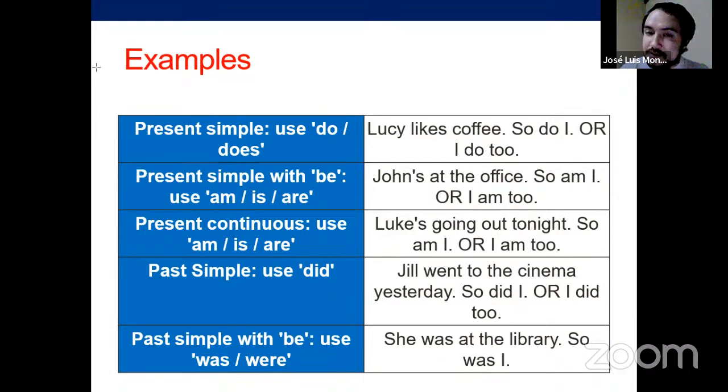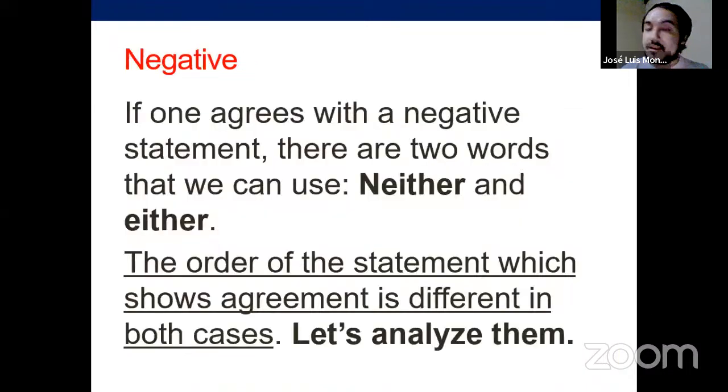We're going to keep practicing with negative now. Okay, we have to go to negative. That was affirmative. I don't know if you have questions about "so" and "too" for affirmative agreement, Gladys, before going to "neither" and "either." Let me know, please. Both of them are the same, right?